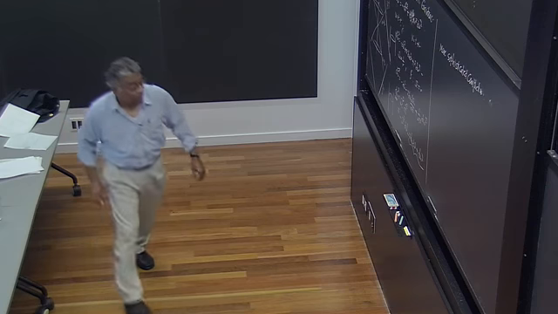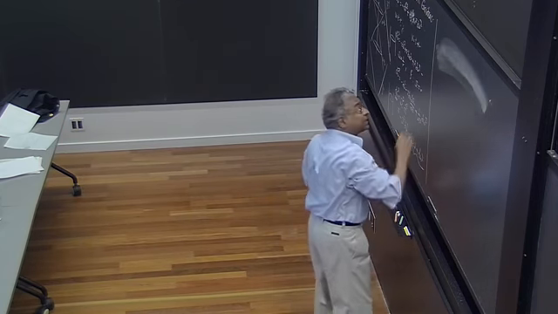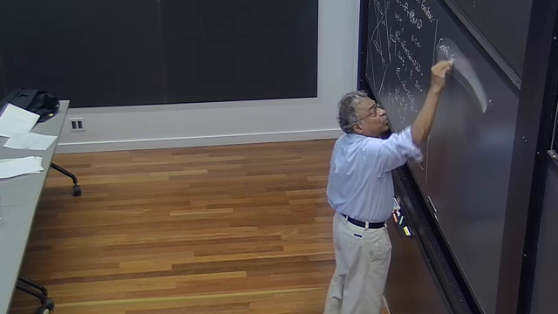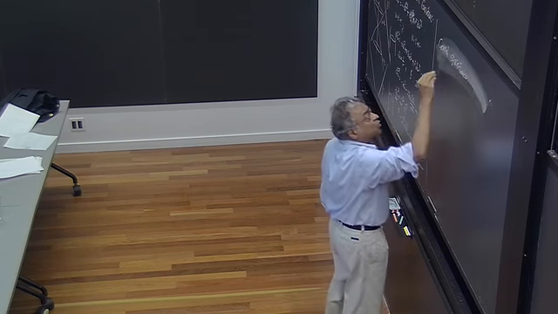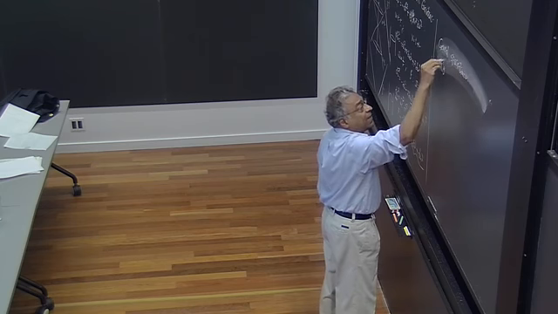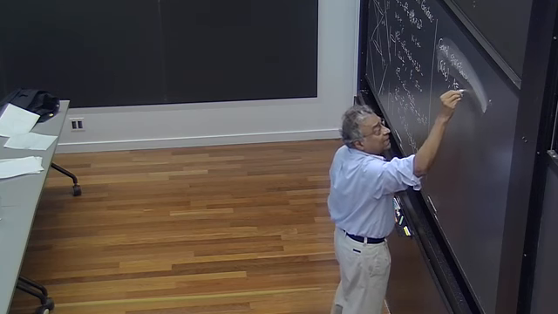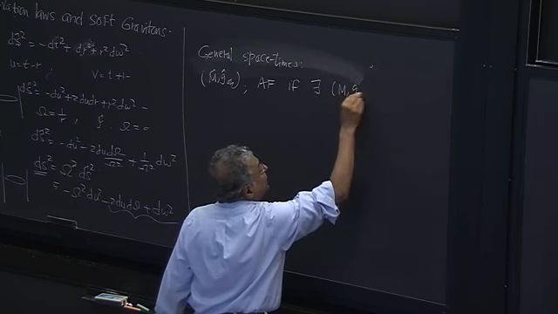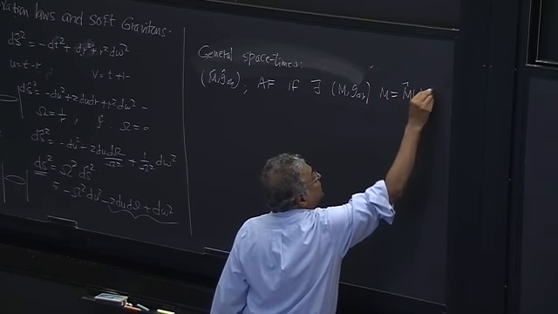Minkowski space-time. So now what we can do is look at general space-times, and in general space-times, we want to talk about asymptotic flatness. So we're given some space-time (M hat, g hat AB), and we say that it is asymptotically flat if there exists a bigger space-time (M, g AB), where M is M hat together with a boundary.